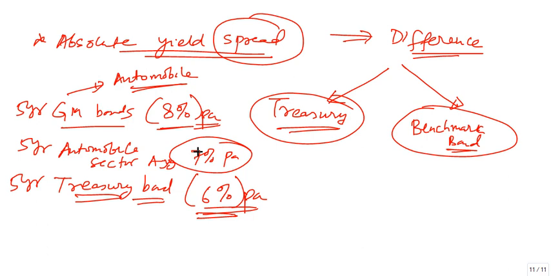It may happen that the sector may have higher risk also, but here we have taken a case where the sector is lower. In fact, in the CFA curriculum, you will find that they say the sector has lower risk as compared to the specific bond in that sector. So this sector is nothing but your benchmark. We have the automobile sector as the benchmark.